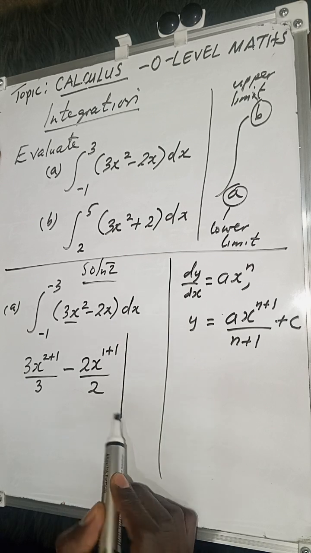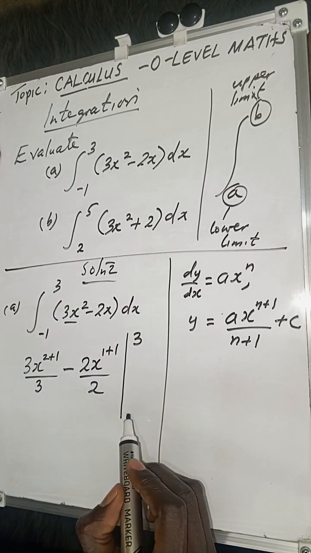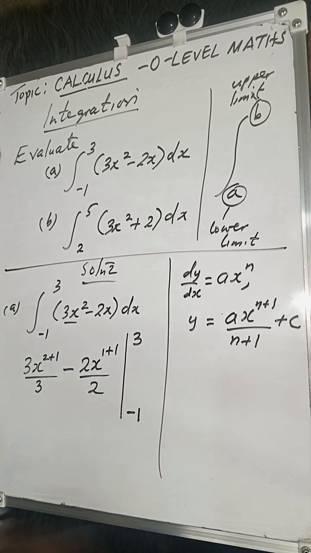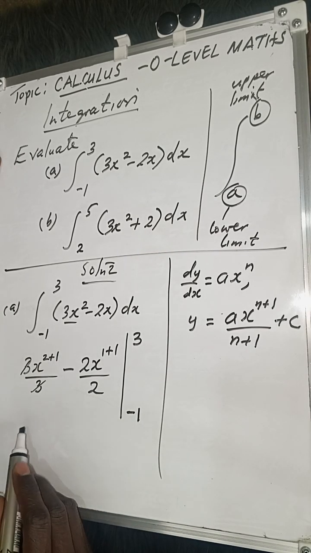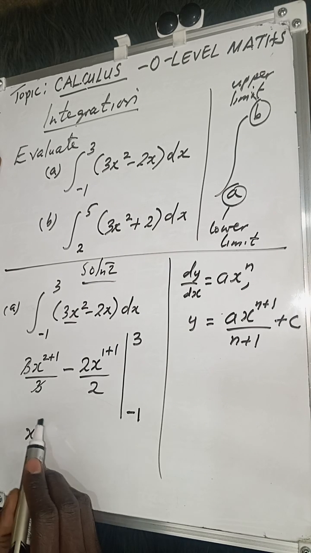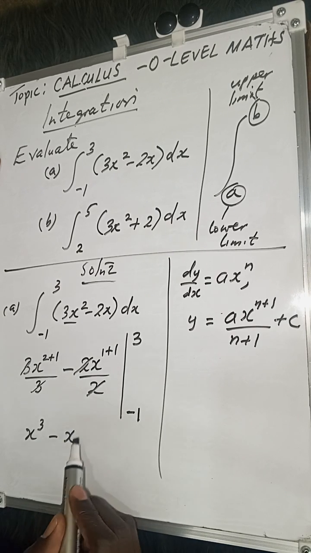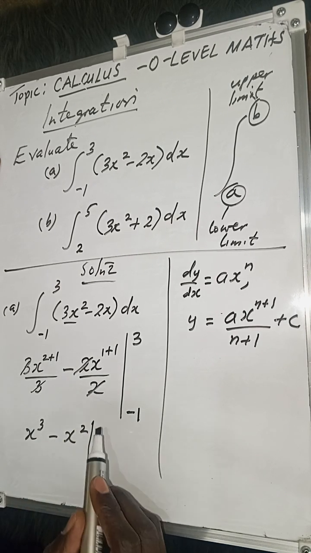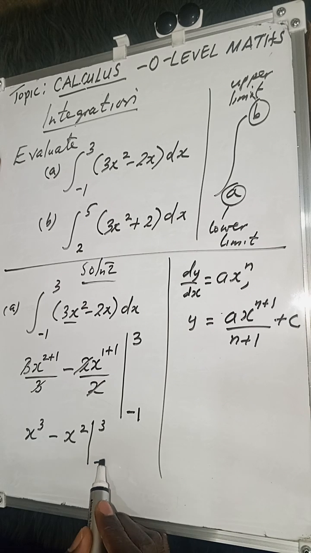So we are going to put up our limits there, which is simply a 3 and a negative 1. So we can work out this and that can cancel. We can reduce it to simply x raised to the power 3 minus, this and that can cancel, x raised to the power 2. Remember, you have the upper limit 3 and the lower limit negative 1.